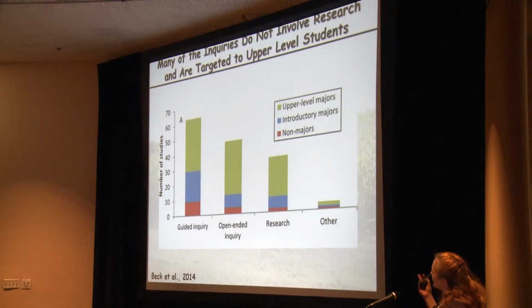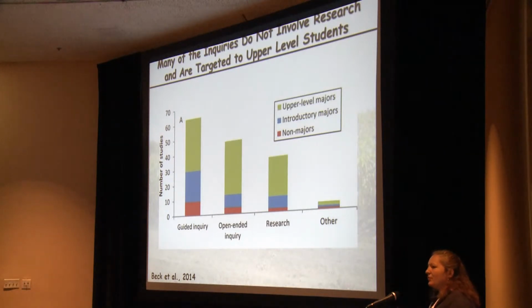Many of those research type investigations that are being developed and run are targeted primarily to upper level major students. And that's reasonable, right? Those are students that have some interest in the field, some prior knowledge from their prior courses.